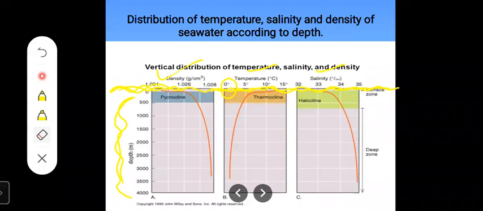Means how same, students? In between 0 degree to 5 degrees Celsius only.